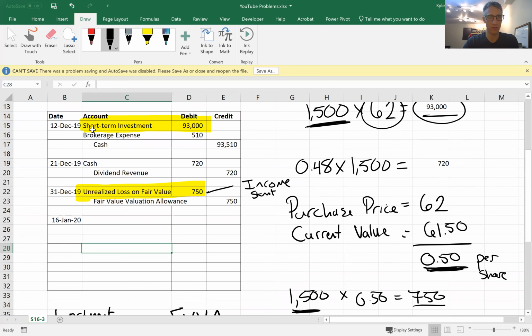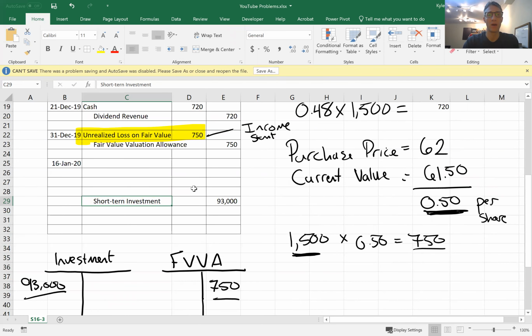And I think I called it short-term investment, so I should be consistent with my names in my journal entry. Short-term investment, 93,000. I'm going to credit that. I'm going to debit my fair value allowance by $750 to reduce that to zero.